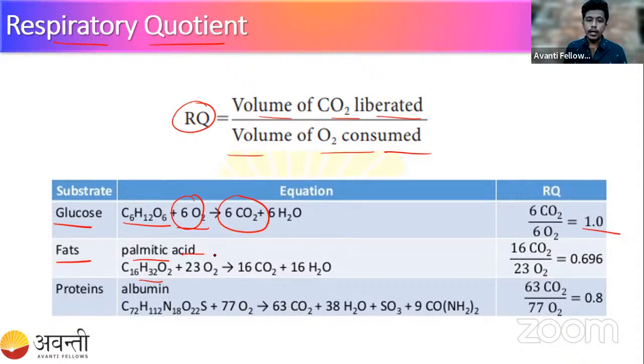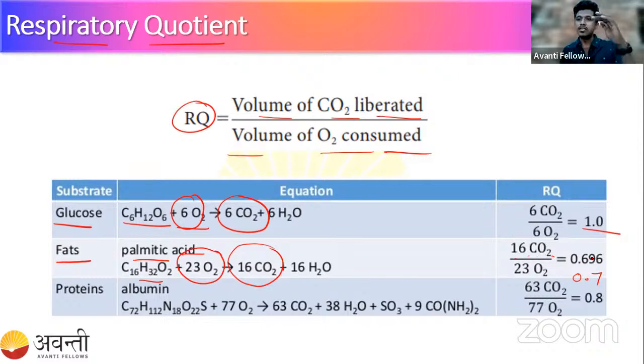The number of oxygen molecules utilized in this process is 23, but we liberate only 16 molecules of carbon dioxide. Now what happens to the respiratory quotient? If you observe, it comes close to 0.7, people. So here, 16 molecules of carbon dioxide divided by 23 molecules of oxygen will give us 0.7.